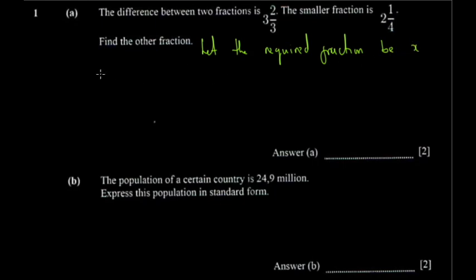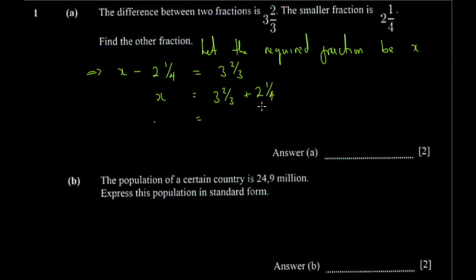Now you're told that the difference between these two fractions, there's one here, there's a smaller fraction here, so x minus the smaller fraction, which is 2 and a quarter, you should get the difference, which is 3 and 2/3, like this. So here you'd actually get x equal to 3 and 2/3 plus 2 and a quarter, like this.